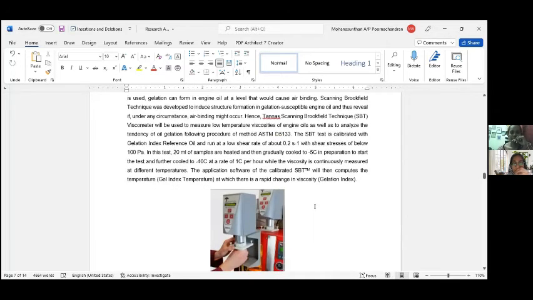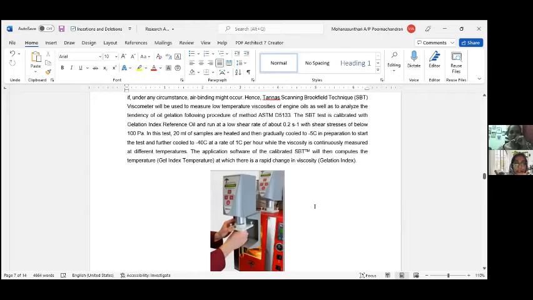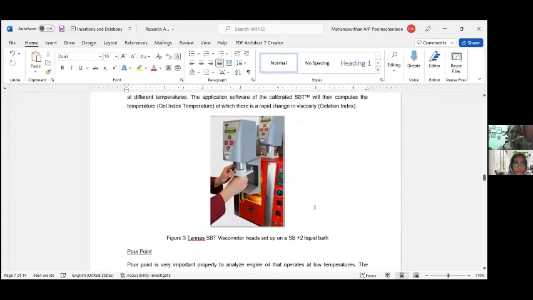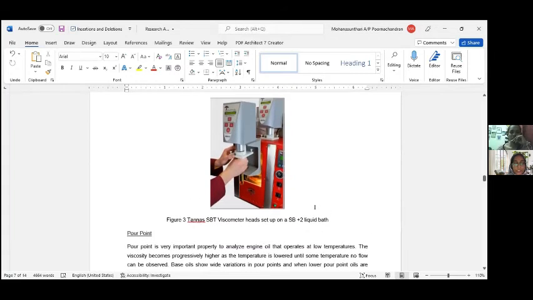We're actually going to find that it also has a connection with the viscosity. With the gelation index, we can find whether there are rapid changes in the viscosity. Can you go below? So here is the machine that we're going to use for the gelation index.